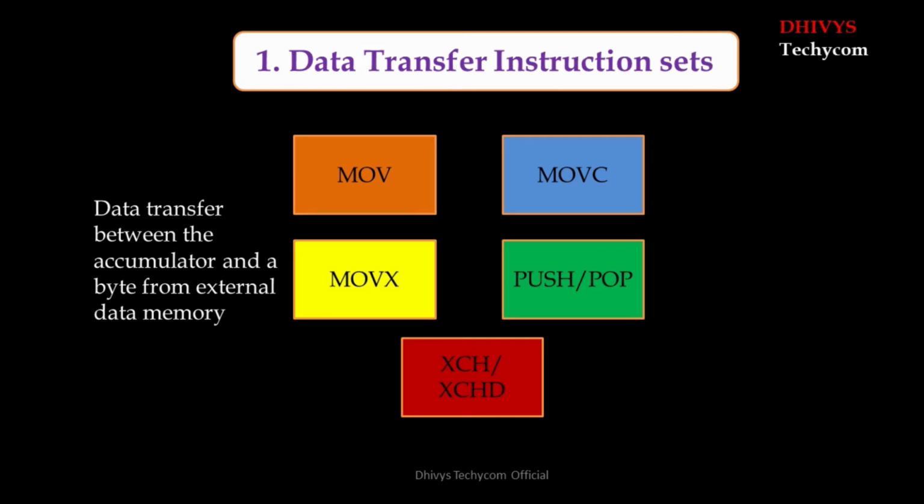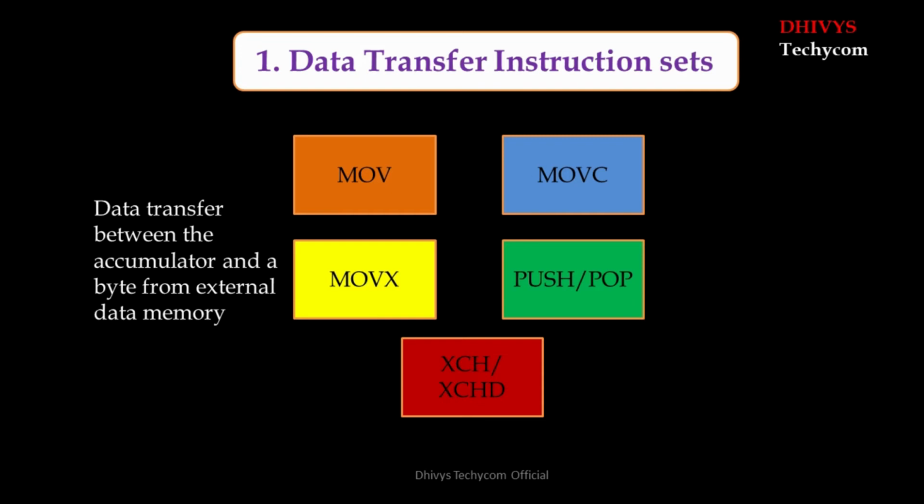What is X here? It is external, okay, because as the 8051 supports connecting external devices, we are supposed to move the data from the internal register set to the external devices which are connected. We have mentioned that here.